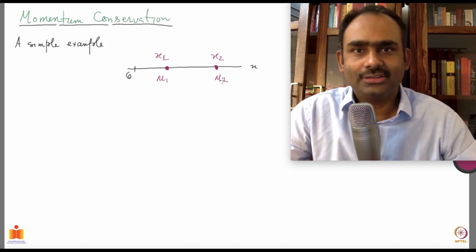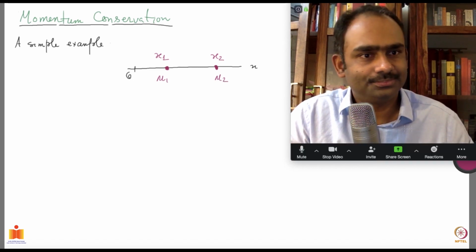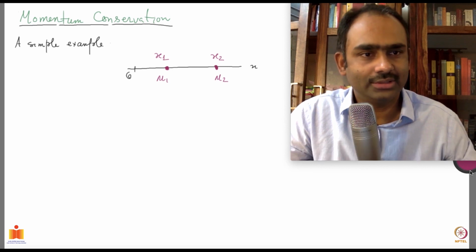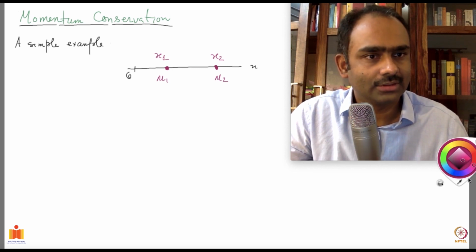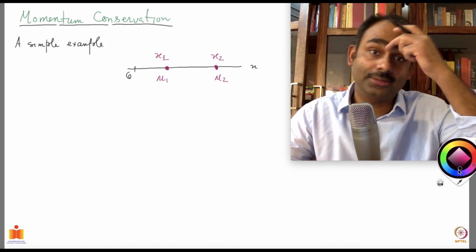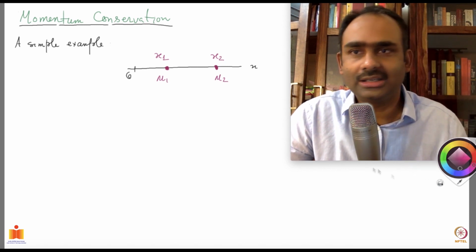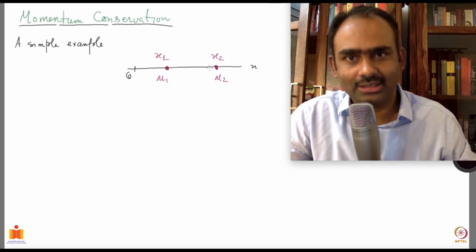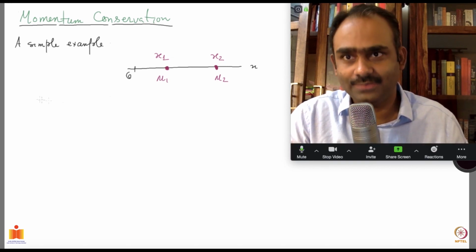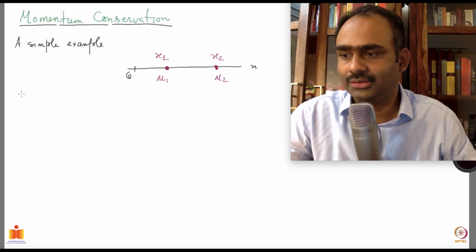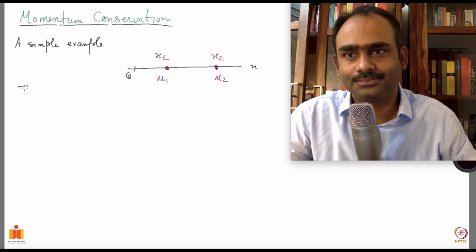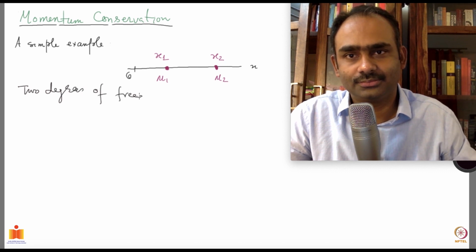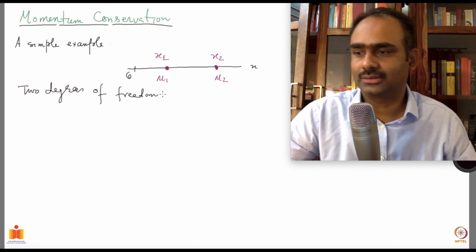So how many degrees of freedom does this system have? What do you think? Meanwhile, I'll make this black in color. So this system clearly has 2 degrees of freedom: two particles each allowed to move only along the x-axis. Okay, that's good.